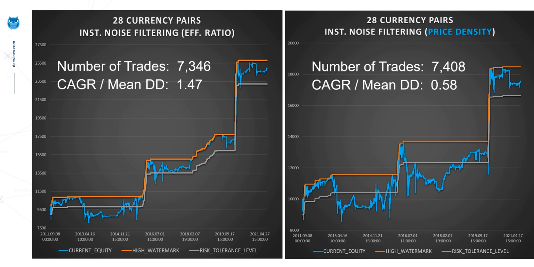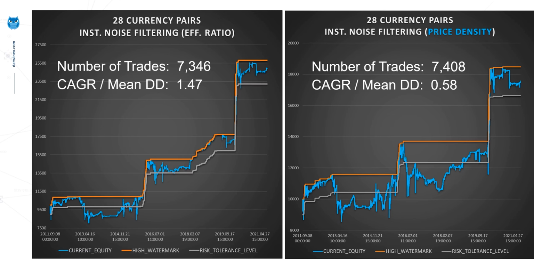Now note here that whenever you perform this type of filtering, you have to decide on a threshold noise level, and anything that's noisier than that threshold can be traded, anything that's less noisy than the threshold can't. And I've specifically chosen a threshold for price density that gives me a very similar number of trades to when we use the efficiency ratio.